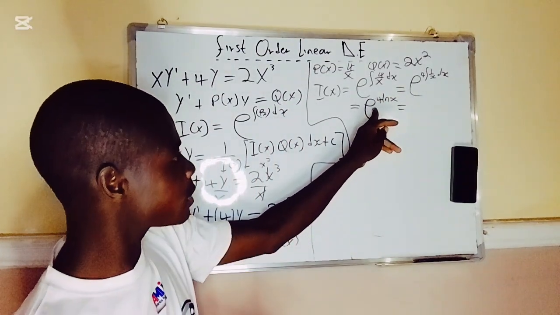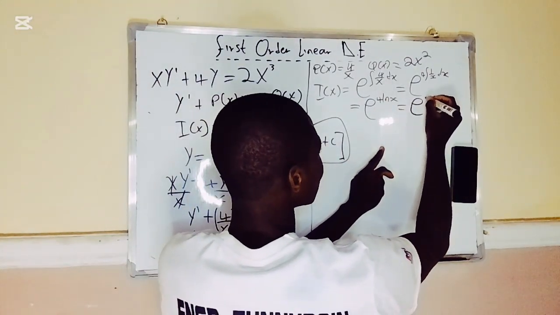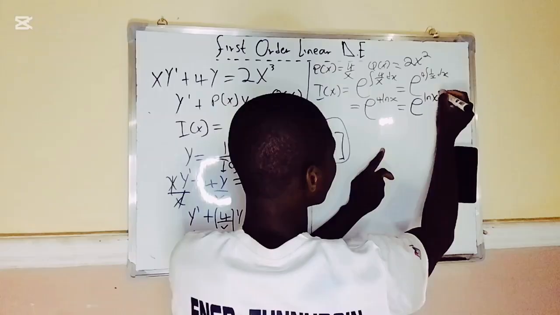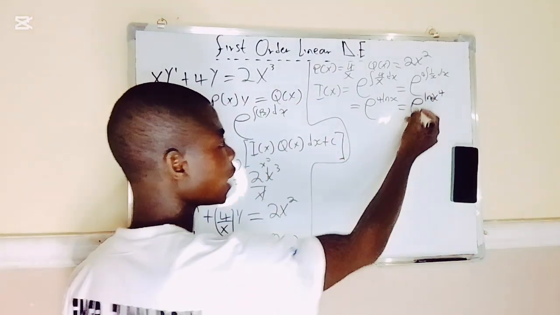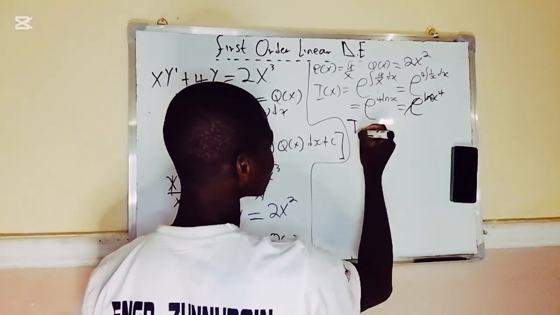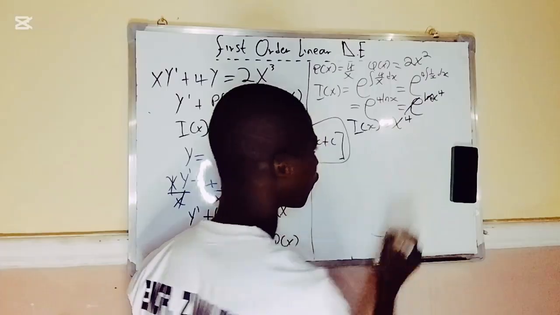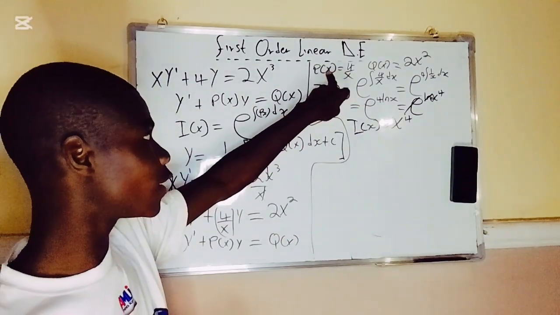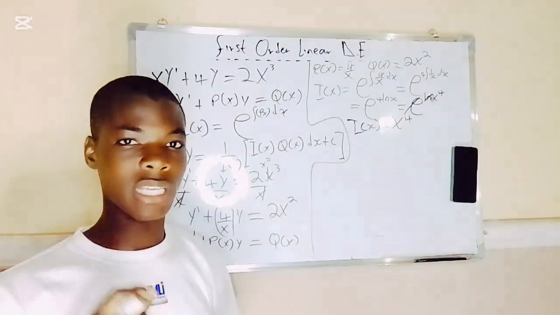This is the same as e raised to the power of ln of x to the power of 4. The ln cancels the e, so the integrating factor equals x to the power of 4. So I have the value of p of x, q of x, and the integrating factor.